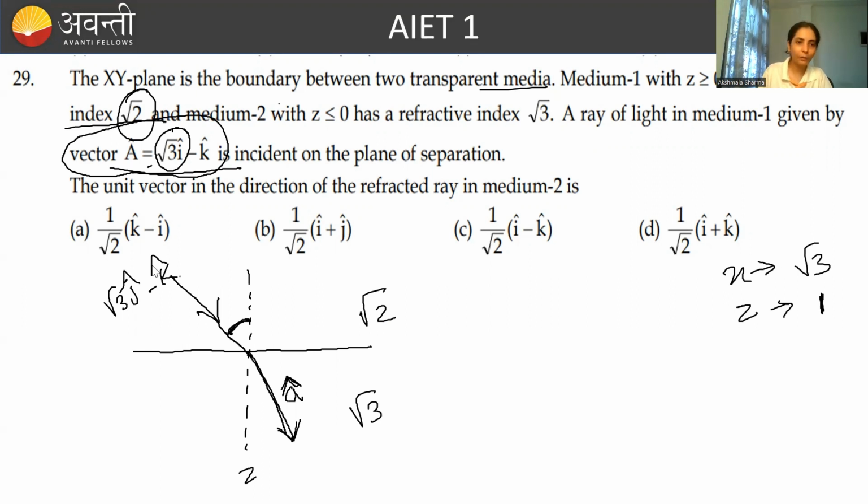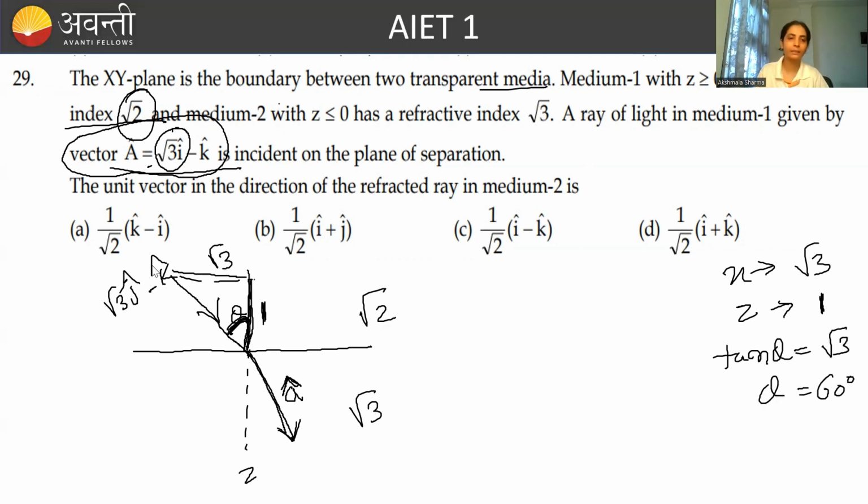So tan theta is √3 over 1, which is √3. So theta is going to be 60 degrees.